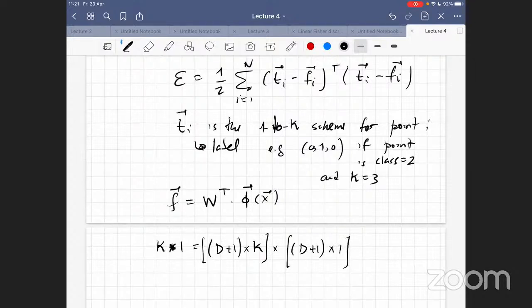So f is just a vector of k components, and I have collected all the weights of all the classes in a matrix, which is d plus 1 by k.